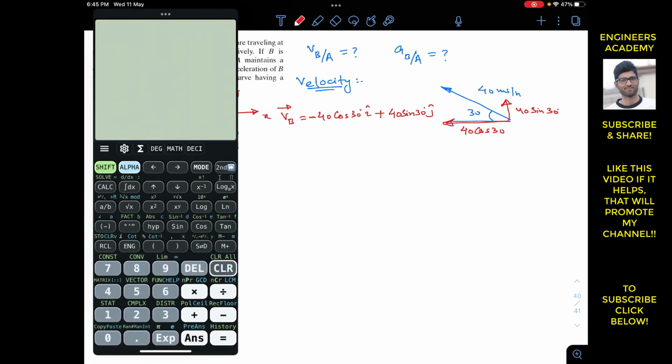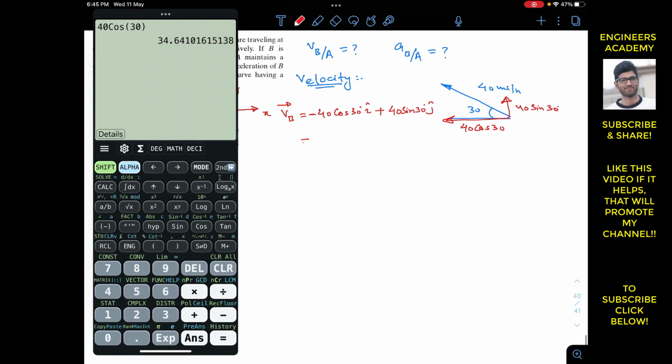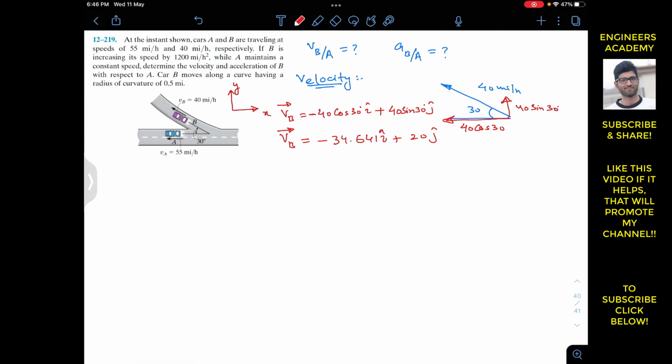So 40 cos of 30 is minus 34.641 i, and 40 sine of 30 is plus 20 j. So this is the Cartesian vector representation of VB, the velocity of car B.